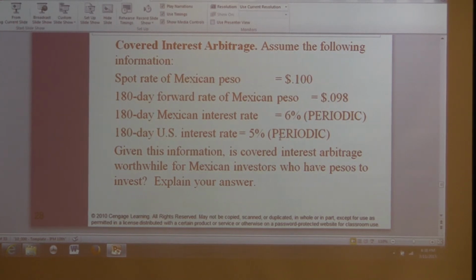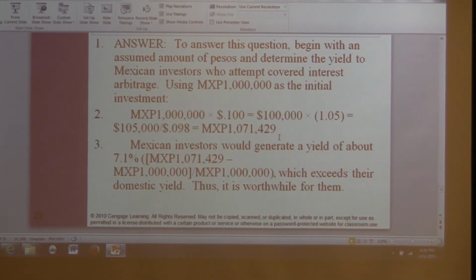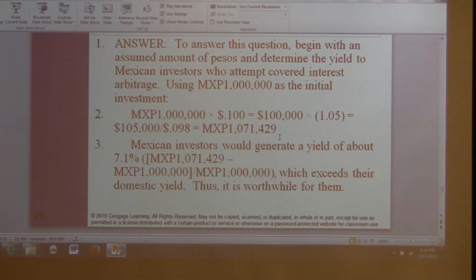Okay. So at the end of 90 days, how much do you have? $100,000 times 1.05, you end up with 105,000 US dollars, okay?